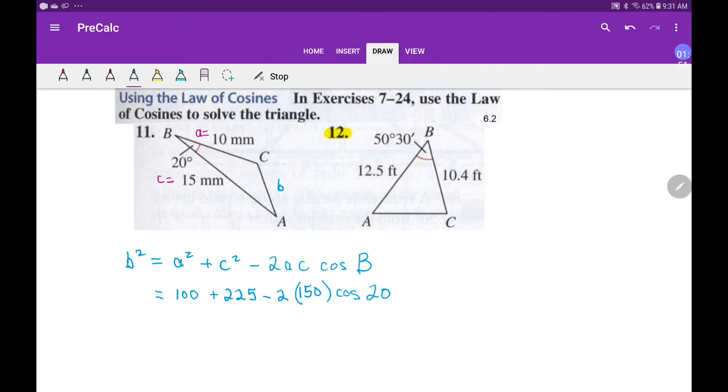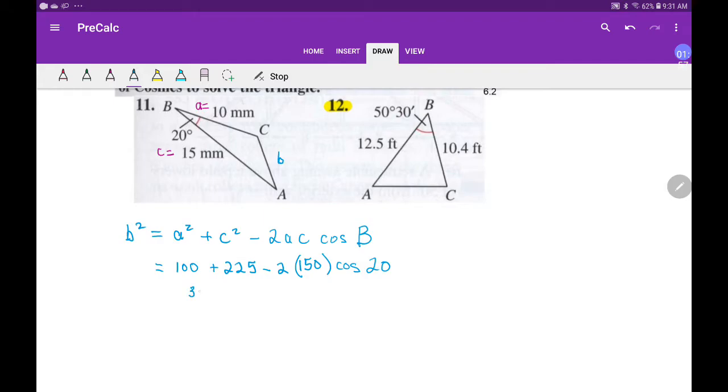100 plus 225, that's 325, minus 300 times the cosine of 20, which is 0.9397, I guess we'll say. So we multiply that by 300, 281, and we subtract it from 325, and we get B squared is equal to 43.09.